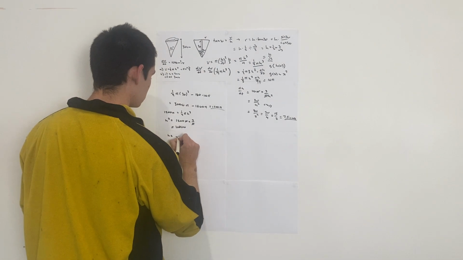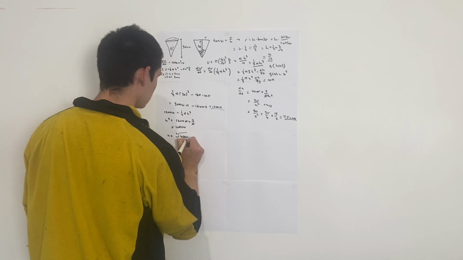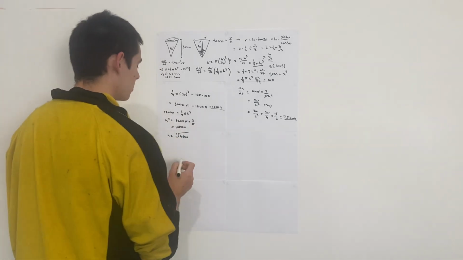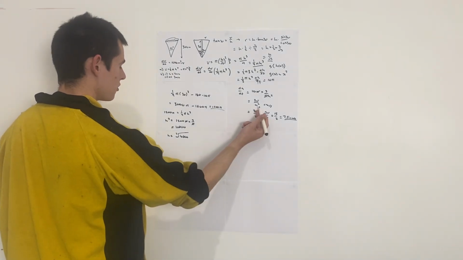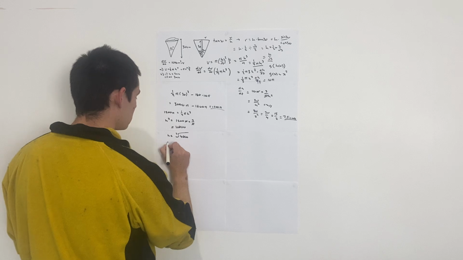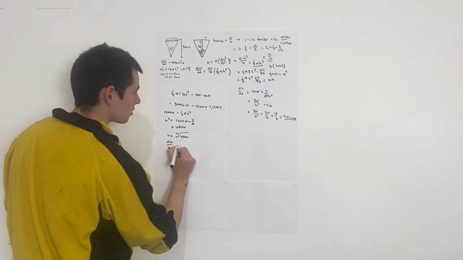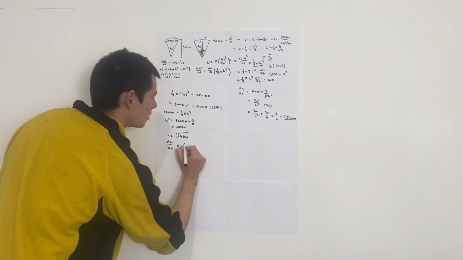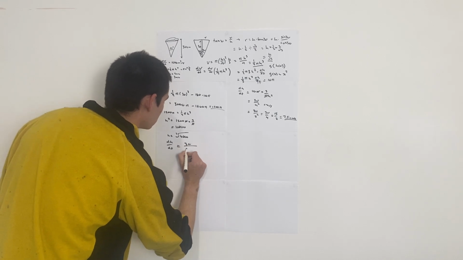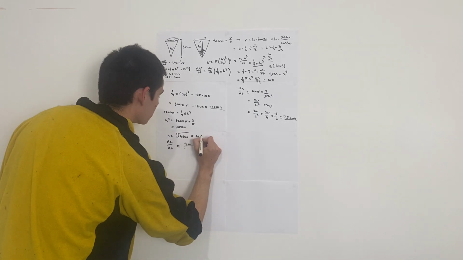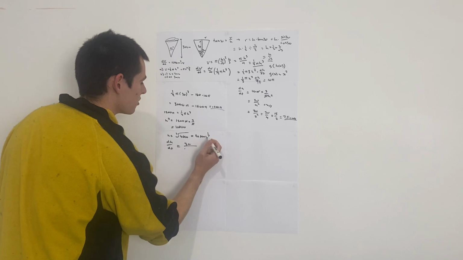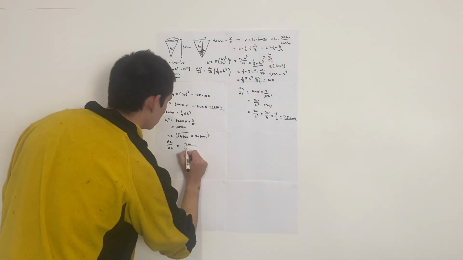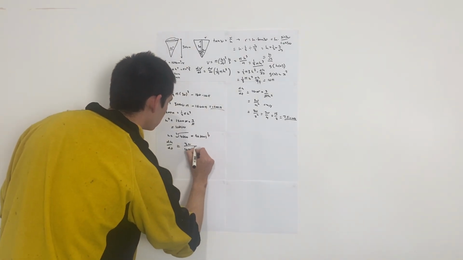So h equals the cube root of 10,800. And then to find dh on dt, we just plug that into the formula for dh on dt. So dh on dt equals 30 on h squared, which is 10,800 to the 1/3 squared, so 10,800 to the 2/3.